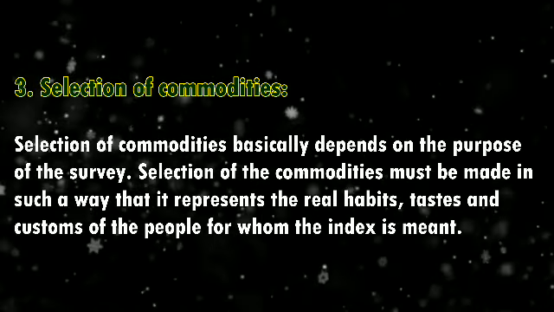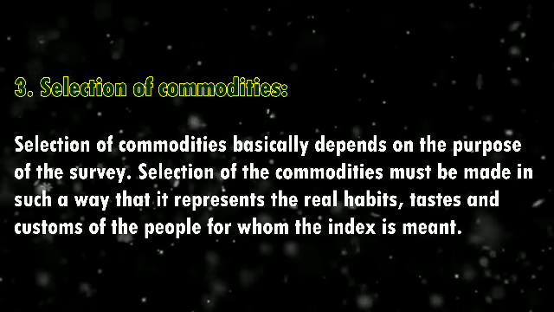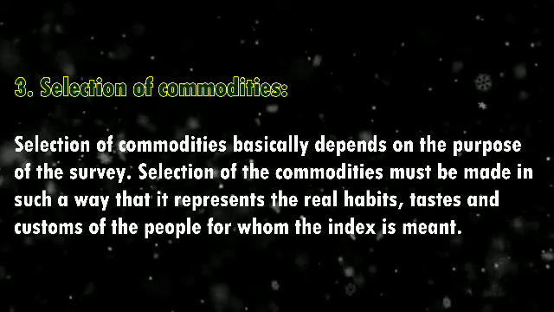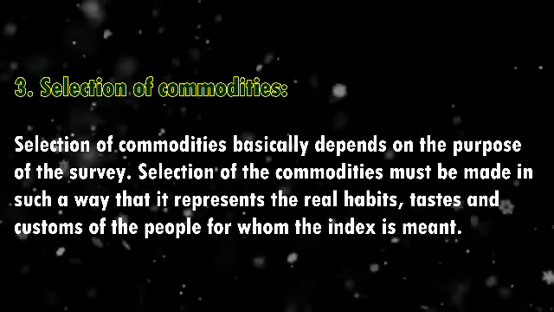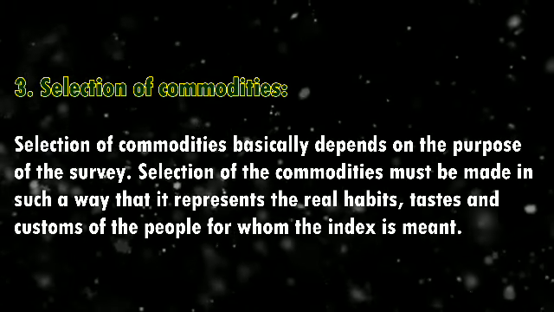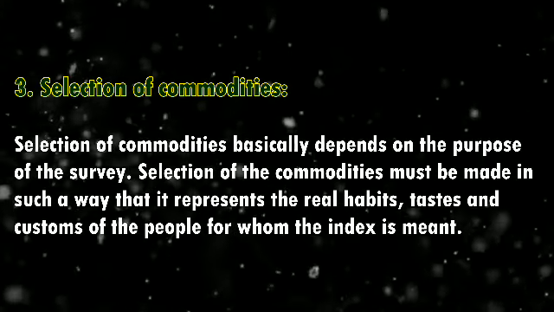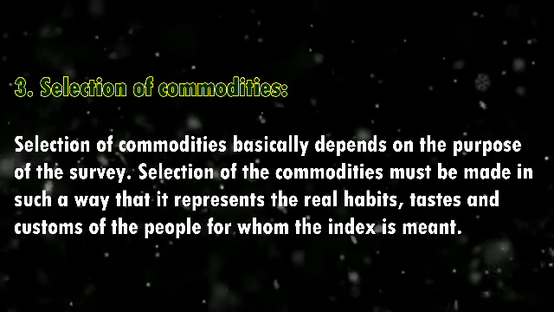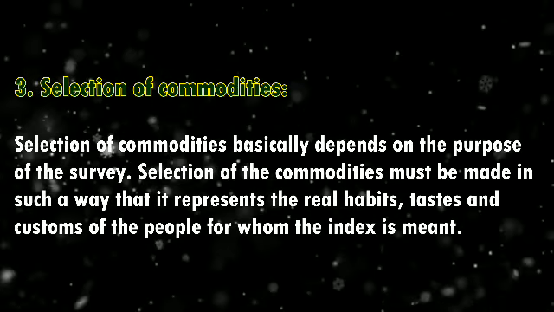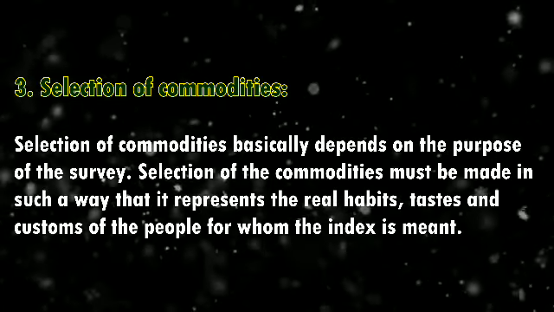Selection should represent the real taste, habits and customs of the people. The economic and social importance of various items should be considered. So selection of the commodities must be made in such a way that it represents the real habits, taste and customs of the people for whom the index is meant.